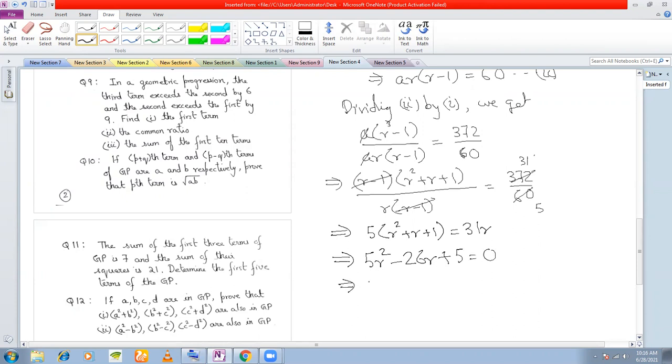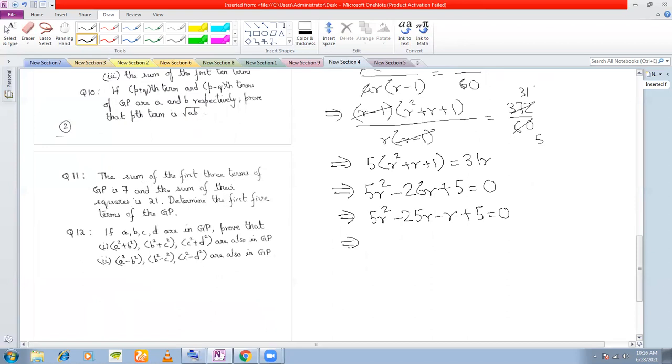Now you can factorize this. 5R square minus 25R minus R plus 5 is equal to 0. That means you can factorize this as R minus 5 into 5R minus 1 is equal to 0.